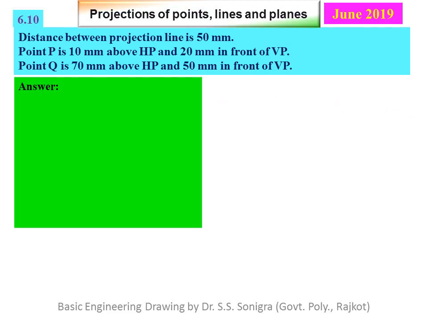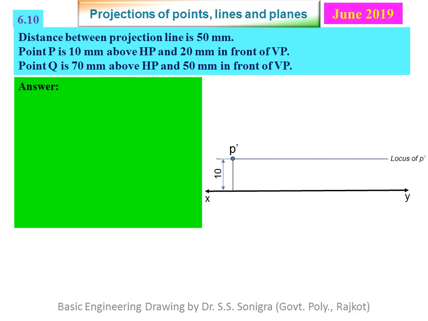Now to solve this problem, first of all we draw the XY line, which represents the intersection of HP and VP, and draw the projection of point P like this. As it is given that point P is 10 mm above HP, P dash will be above the XY line at a distance of 10 mm, and we can draw the locus of point P dash like this.